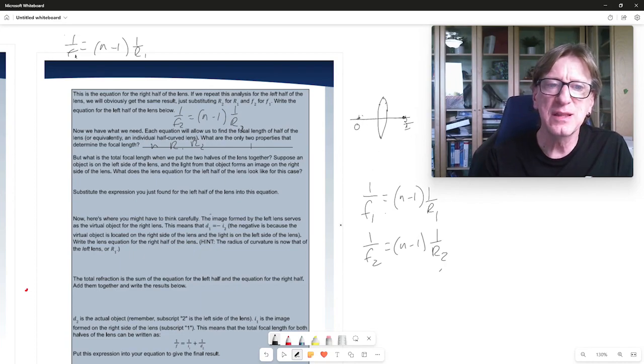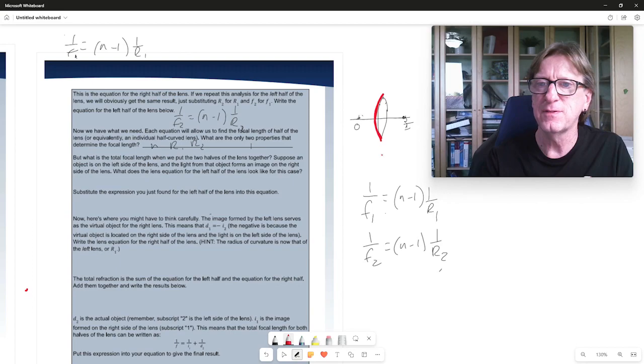What does the lens equation for the left half of the lens look like? Now, let's be very, very careful with what we're doing here. This is the left half of the lens, so we're talking about things on this side here. Is this the number one side, or is this the number two side?